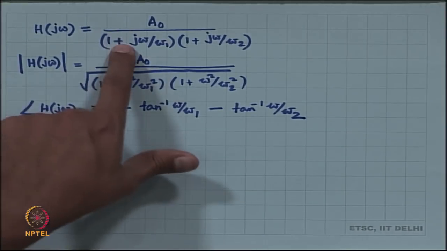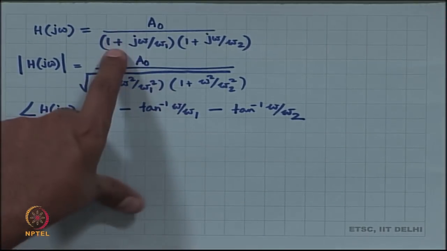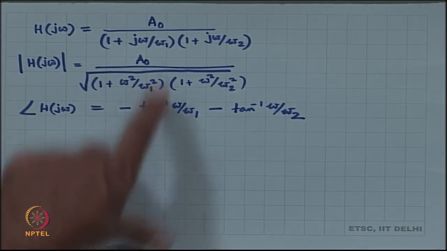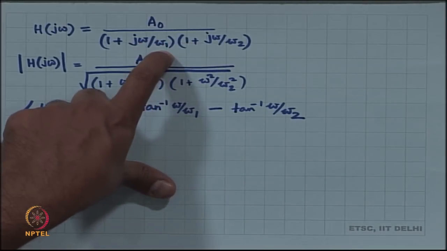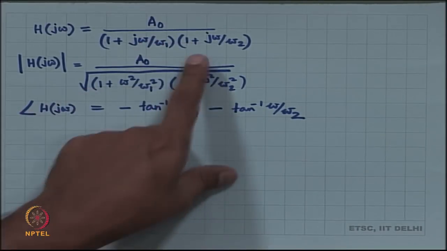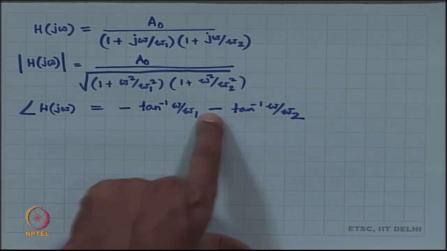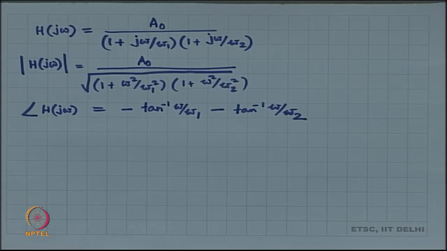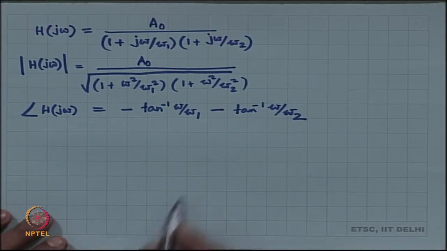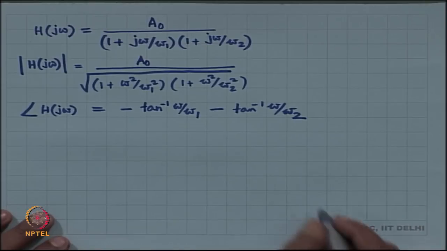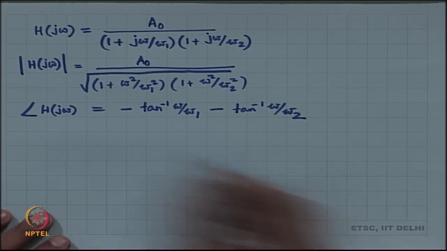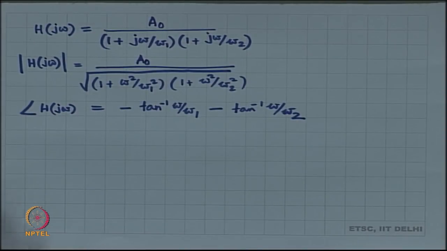So, the overall phase from this particular component is minus tan inverse omega by omega 1. The component of this is minus tan inverse omega by omega 2. Alright, this is understood. We are doing the same trigonometry. So, this is the basic stuff.